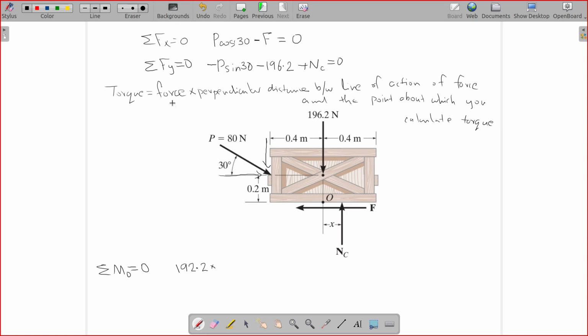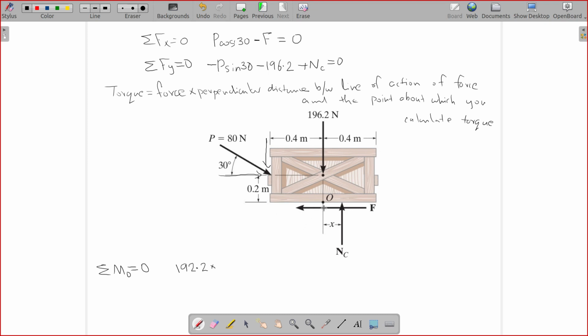So this force means the corresponding force. Okay, this sentence is not complete. Torque due to a certain force will be equal to that force multiplied by the perpendicular distance between the line of action of that force and the point about which you are calculating moment.